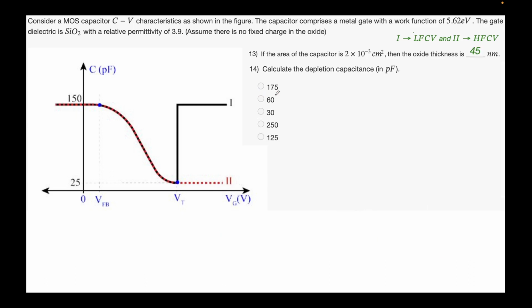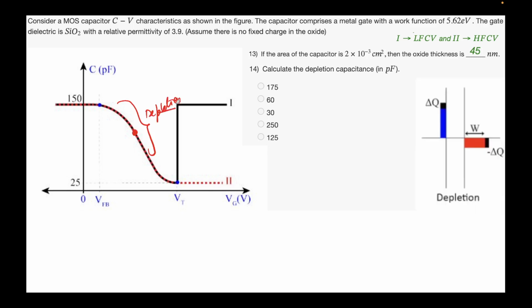Maybe we'll see a few more numbers today. So let's go ahead, and now the question asks us to calculate the depletion capacitance. As someone was asking, the depletion we see in this sloping region, we refer to as the depletion region. In this case you apply a positive bias; you can see Vg is positive.